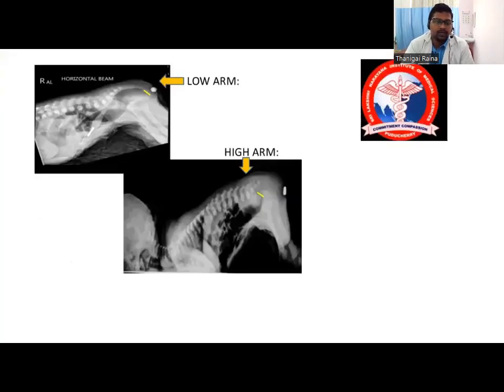So you can see it is a low ARM. The gas bubble is below the ischial line. In this, you can see the gas bubble is above the I line, sorry, pubococcygeal line. So it is a high ARM. This carries a poor prognosis.